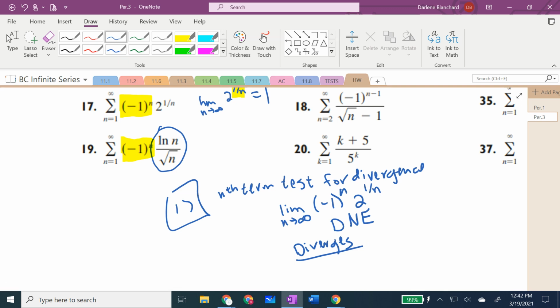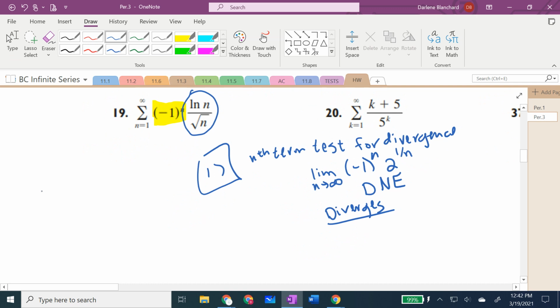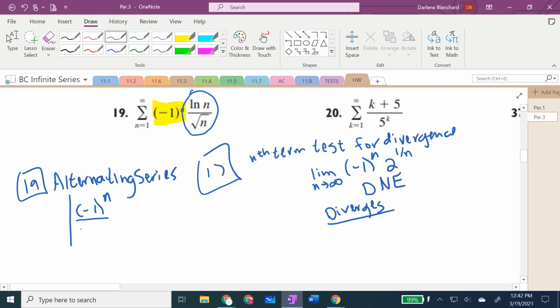For number 19, you want to go to AST, alternating series test. Always acknowledge it is an alternating series. Then take the absolute value of the formula. I'm trying to do it too quickly. And then all you need is for it to decrease to 0.